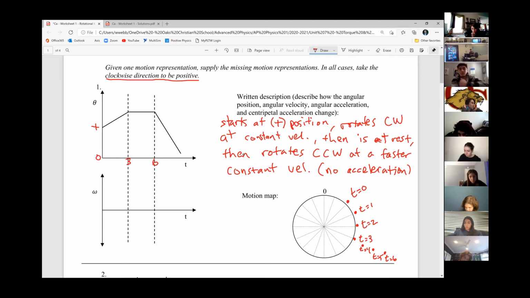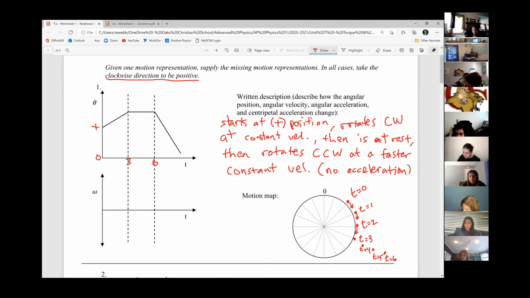All right, now we need to add some arrows when there's movement. So before we do the last segment, remember, you can draw the arrows however long you want them, but it's good to be consistent. So I'm just going to try to draw them about halfway between the dots. In those first 3 seconds, it was moving at a constant speed. And now in these next 3 seconds, it's not moving. And then starting at t equals 6, it's moving the other direction and faster, right?